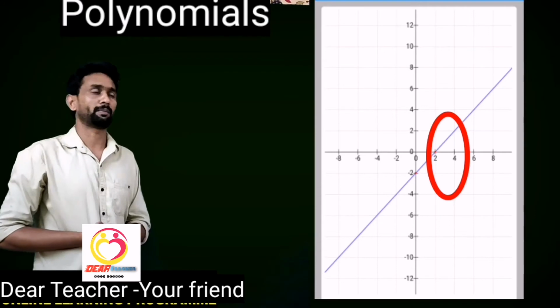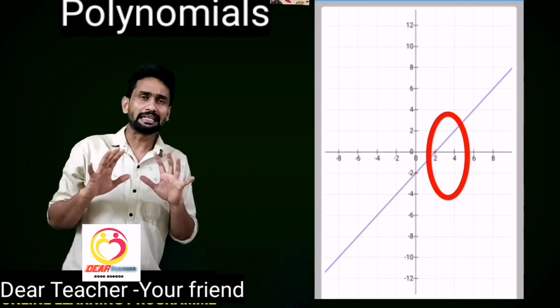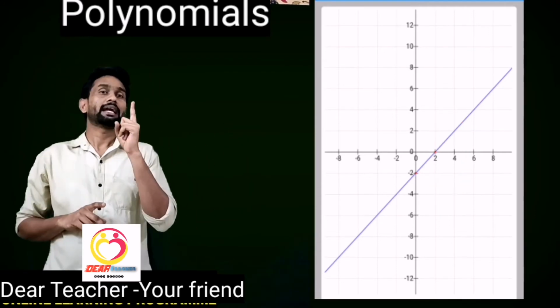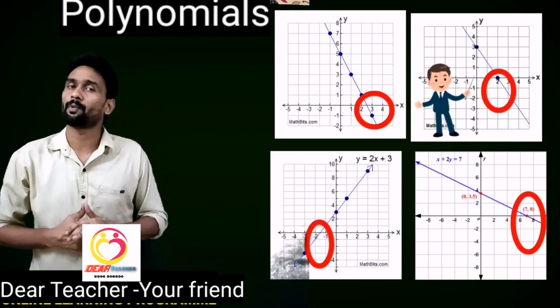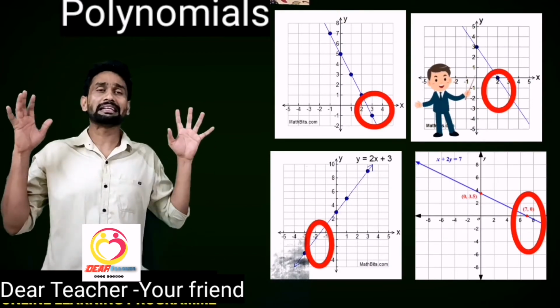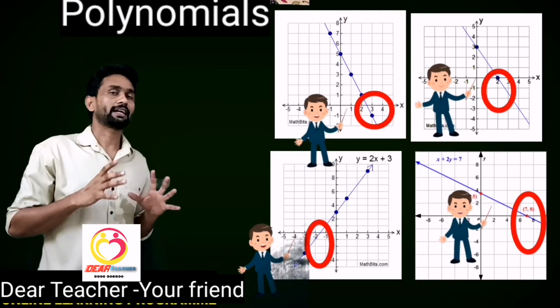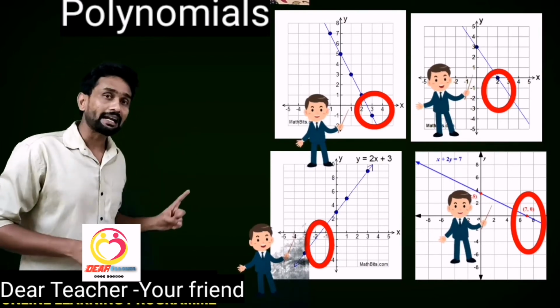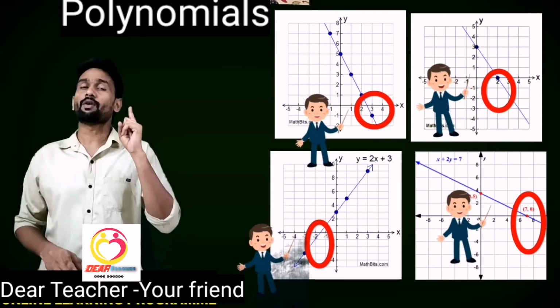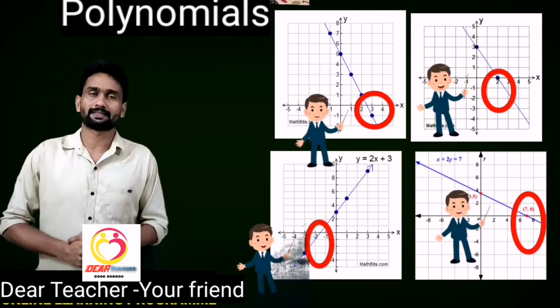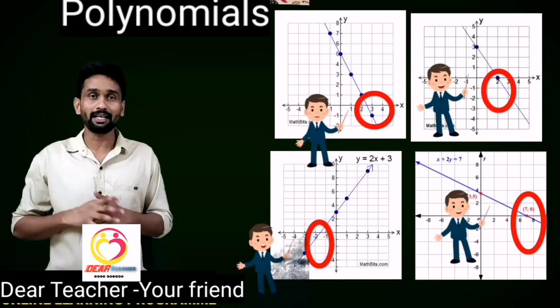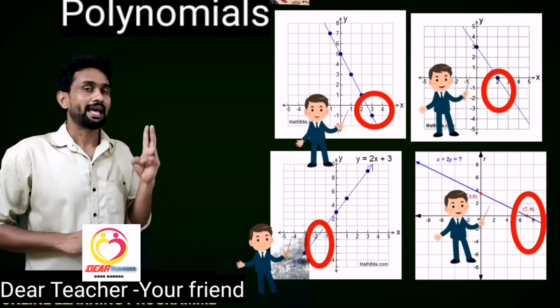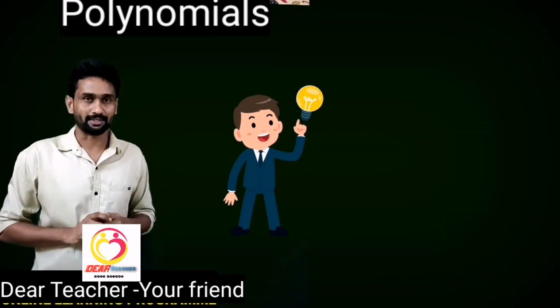You can draw any linear polynomial on a graph sheet, and that line will intersect the x-axis at only one point, because we know already a linear polynomial has only 1 zero.